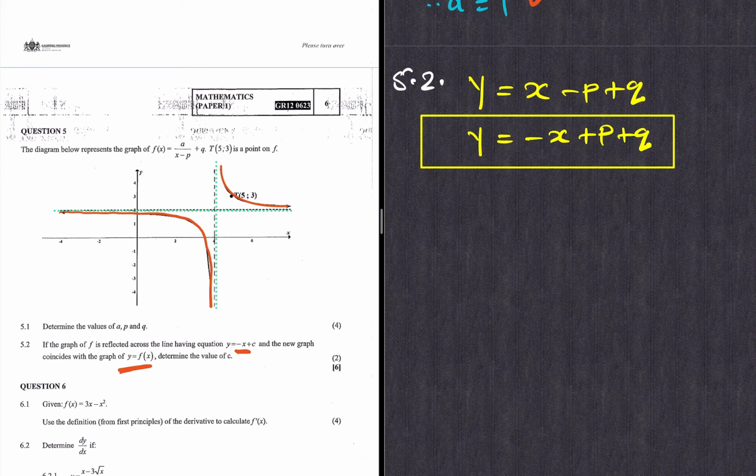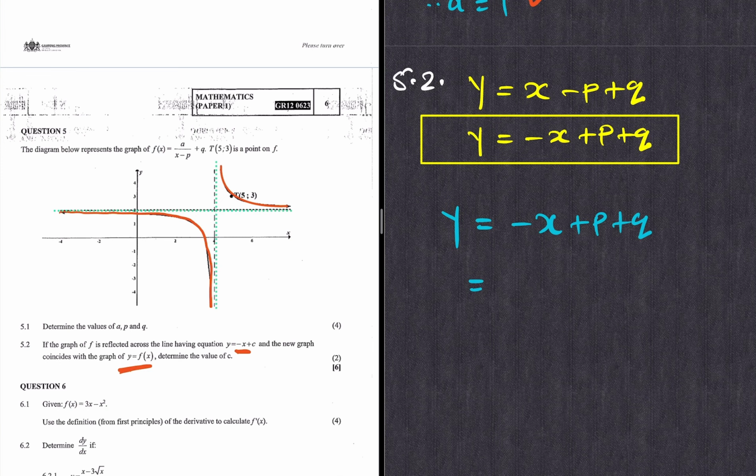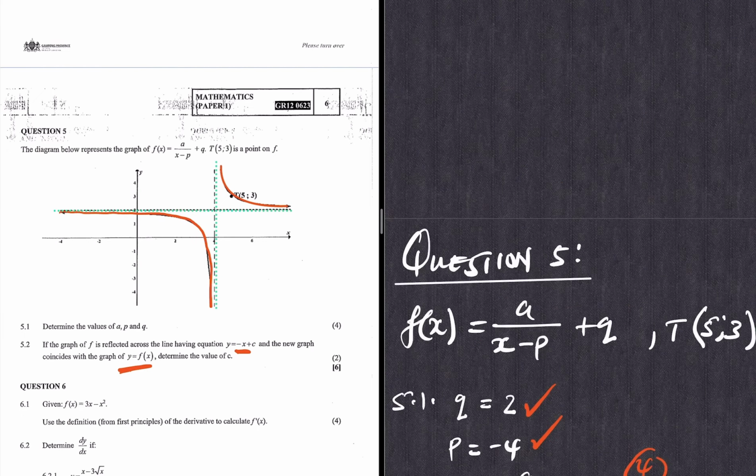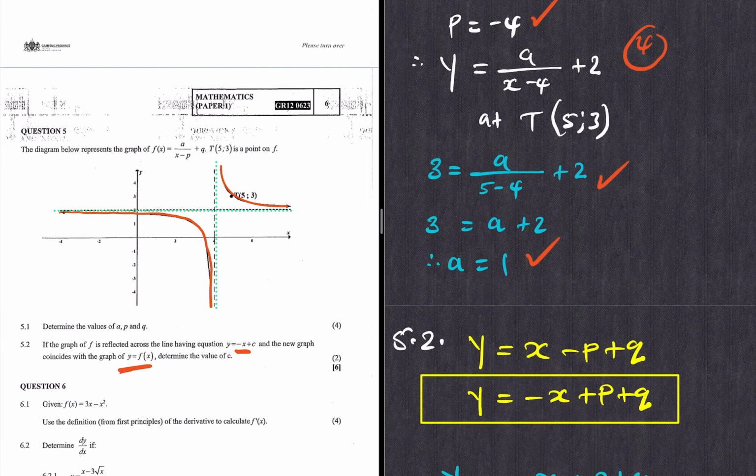So I'm going to say, because I'm given this equation, I must find the value of c. So allow me to then say that y equals negative x plus p plus q. What is your p? You found that to be negative 4, okay?